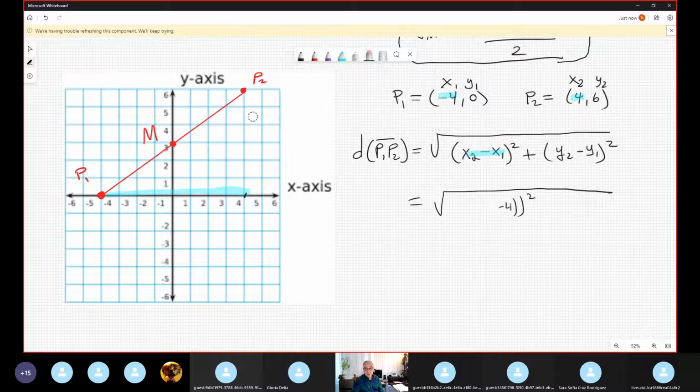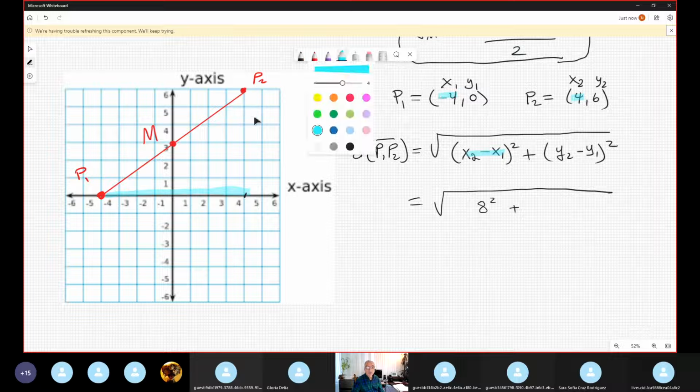Cool. 8 squared is 64. Plus, and the y component, well, similar. You manipulate this and this inside the parenthesis. Basically it is 6 minus 0 or 0 minus 6, which is just 6. 6 squared.